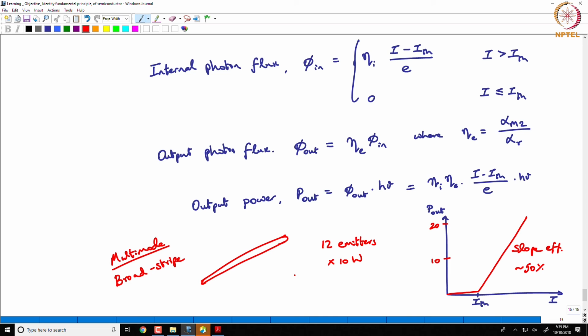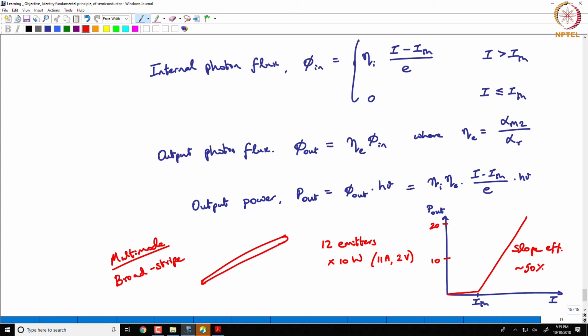I should also mention that I am getting 10 watts of power with just a little over 10 amps of current, so roughly about 11 amps, and you have basically 2 volts as the typical voltage drop across any of these diodes. So, roughly about 22 watts.